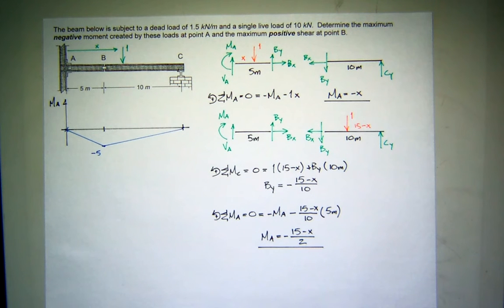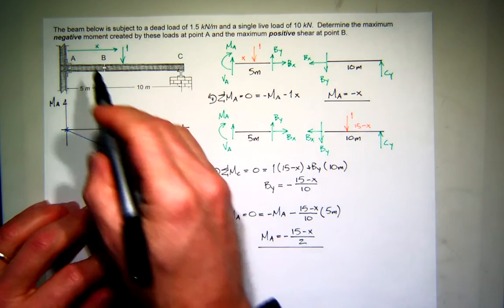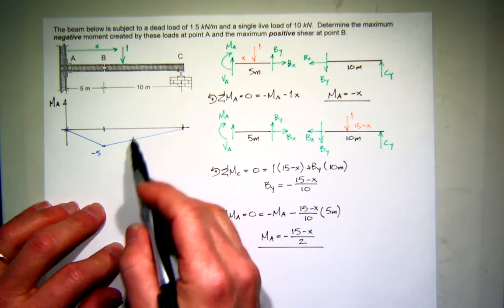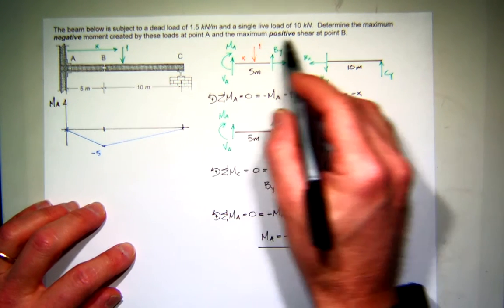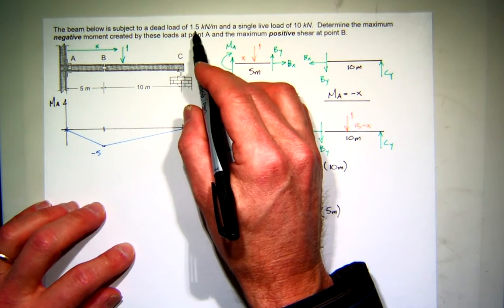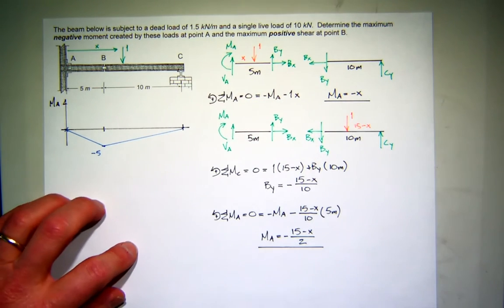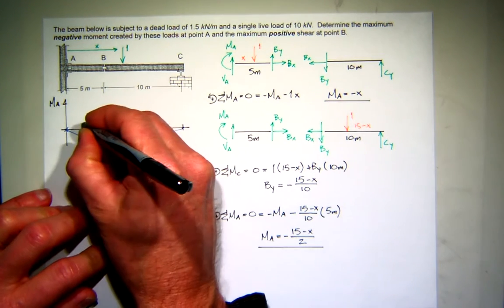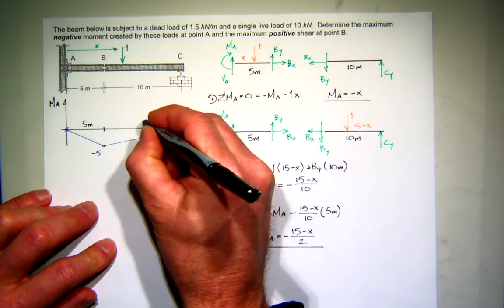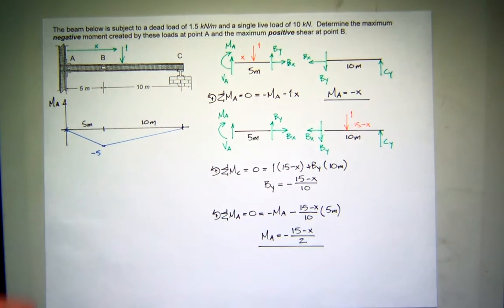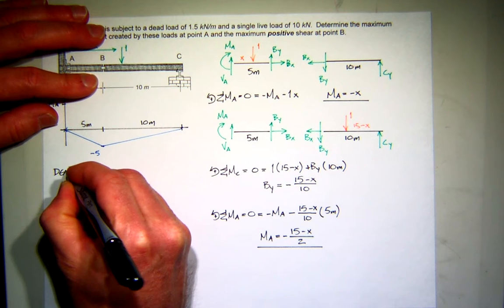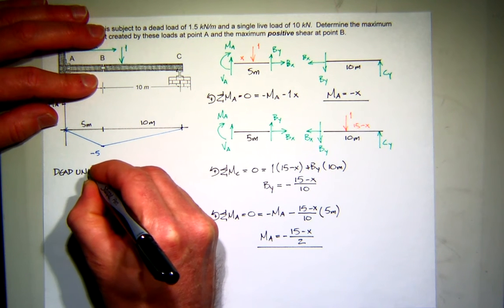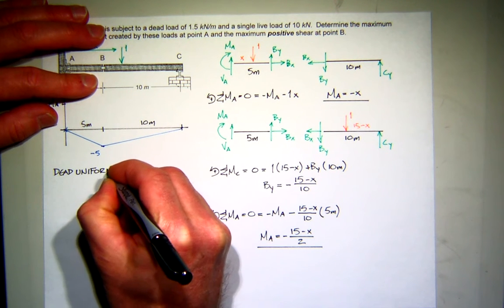So what do we do now? Well, the question now says, what's the maximum negative moment? Well, it turns out all the moment is going to be negative. Let's do the dead load first. So 1.5 kilonewton per meter. I should have reminded you what these dimensions were. So for dead load, actually a dead uniform load, what do we do?